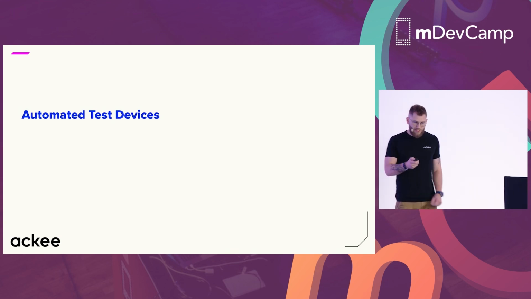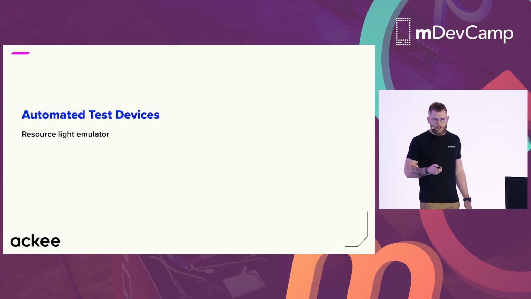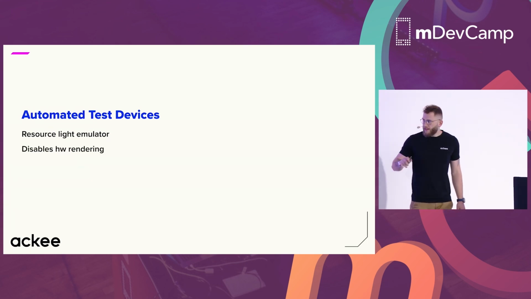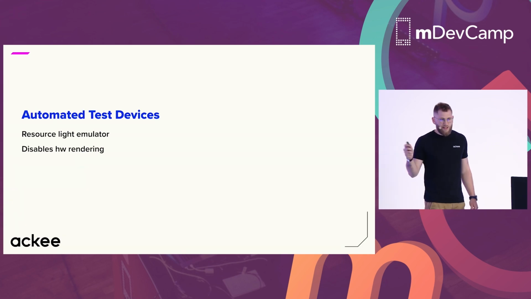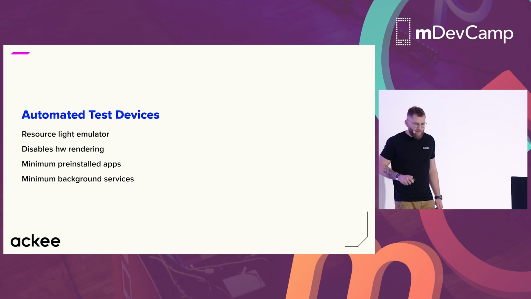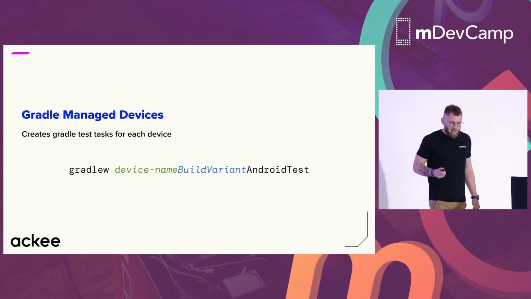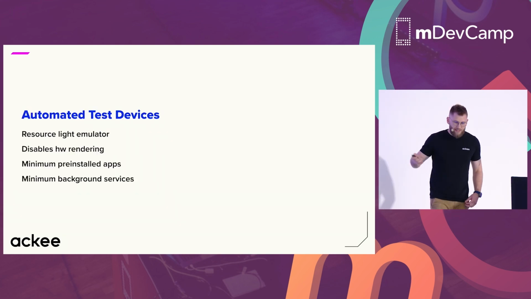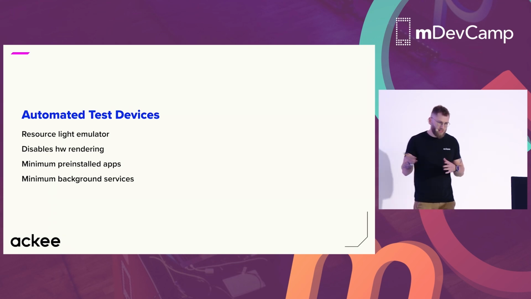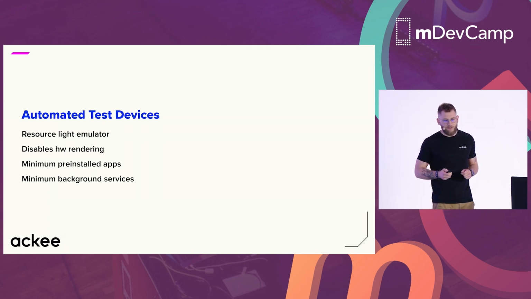introduced a concept called automated test devices, which are special emulators that are resource light. They disable some hardware rendering, remove some pre-installed apps, and remove some background services which run there. So this is an ideal solution because you can run this in the CI without it being resource heavy.